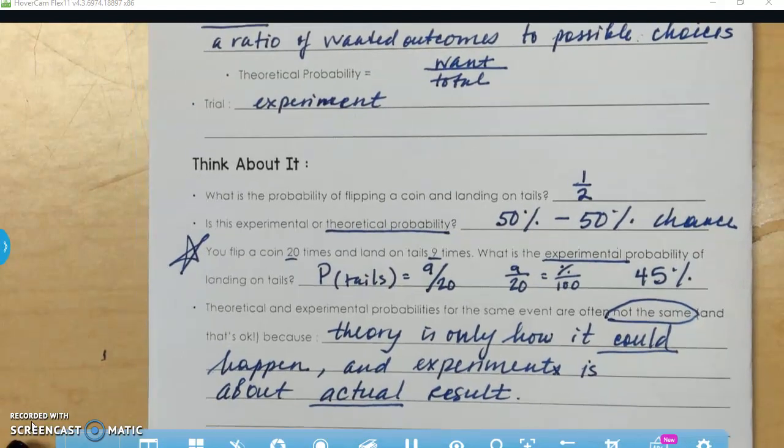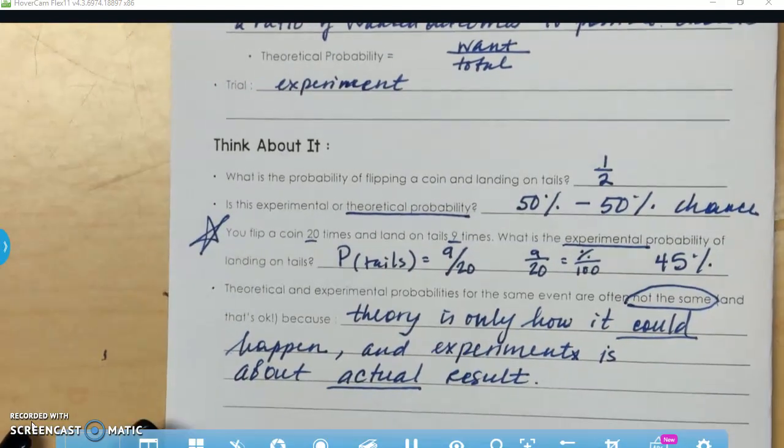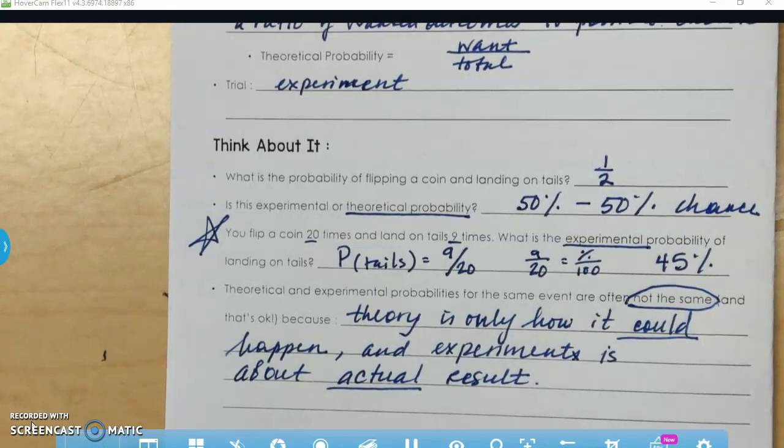That's going to be a huge thing that I want to make sure you guys are looking for when you're reading the statements.